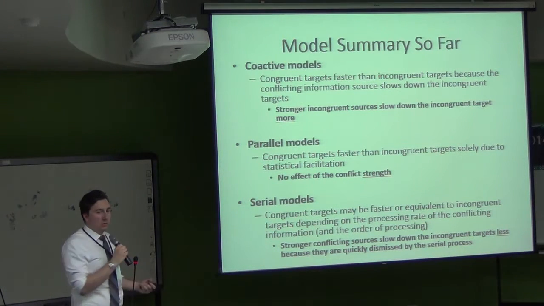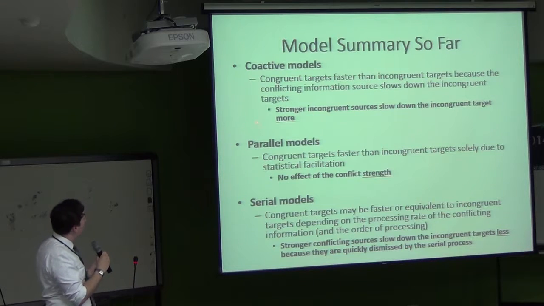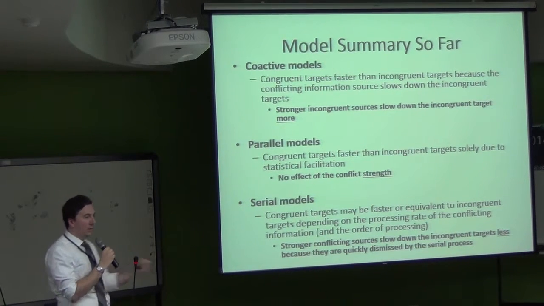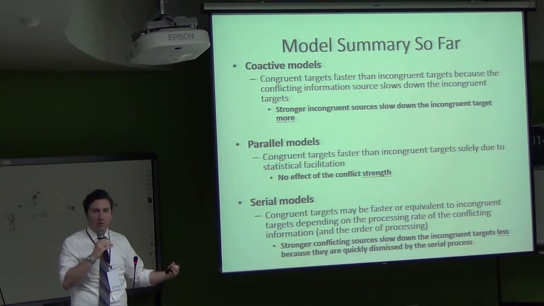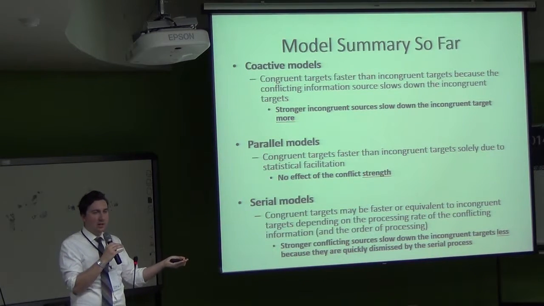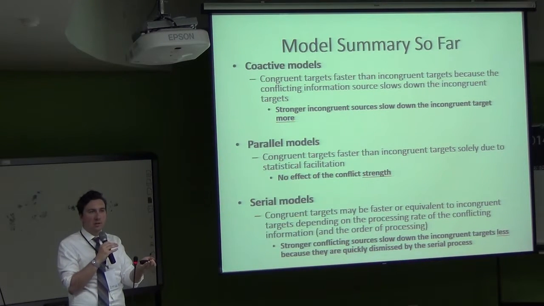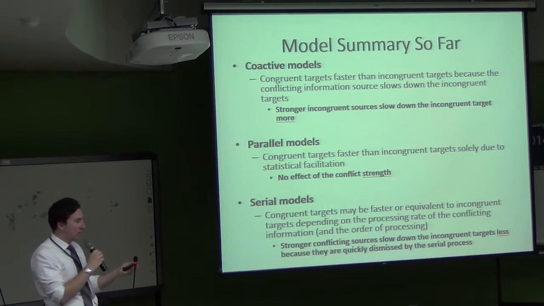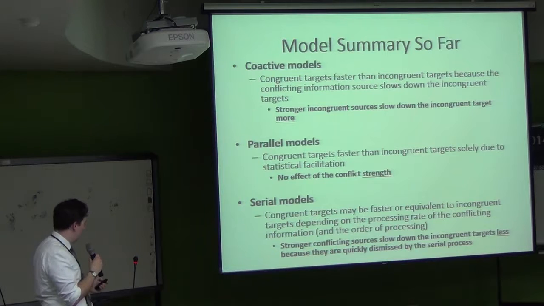So for coactive models, there's this relationship that the stronger the conflicting information, the more it slows you down. Weak conflicting information doesn't slow you down as much. You're pulling together now some information which points you to the correct answer and some information which points you to the incorrect answer. The stronger that information that points you to the incorrect answer, the slower your response gets.